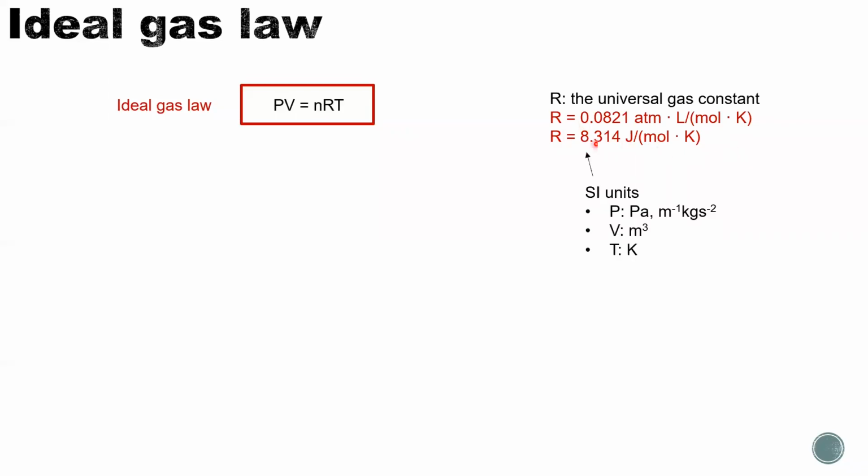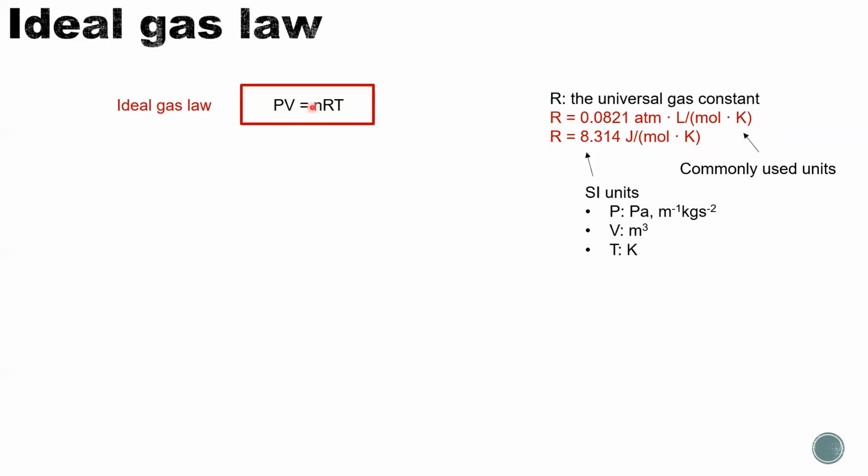If we use the bottom R, we need the SI unit set: P in pascal, V in cubic meter, T in Kelvin. If we use the top value of R, we use atm for pressure, liter for volume, mole for quantity, Kelvin for temperature.